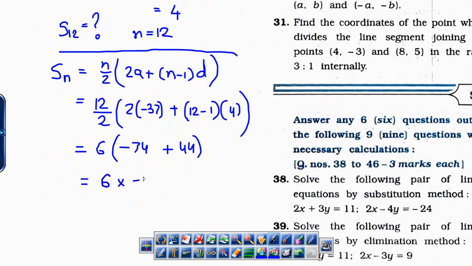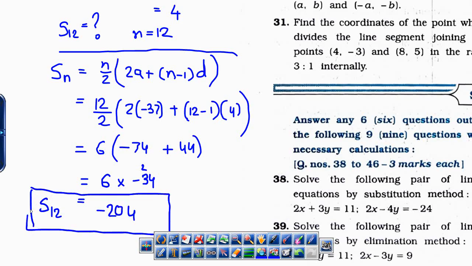Minus 74 plus 44 is minus 30. 6 4s are 24, carry 2, 6 3s are 18, 19 and 20. Minus 204 is the sum of first 12 terms.